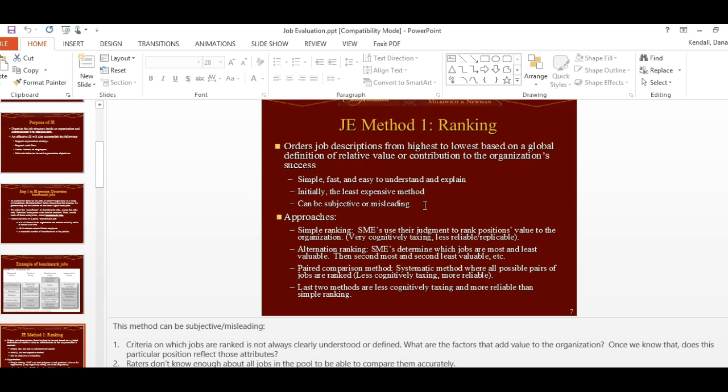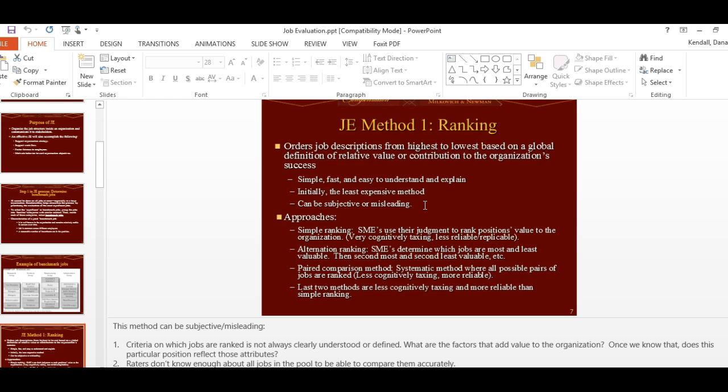Okay, so we have different approaches to ranking. We have simple ranking, where the SMEs use their judgment and they just simply rank these 10 or 15 or more different positions in terms of, okay, this one adds the most value to the org's bottom line or success, efficiency, whatever we're looking at as our criterion.